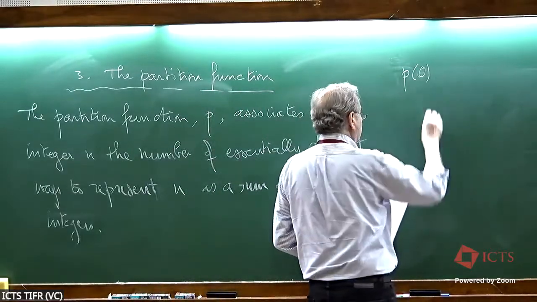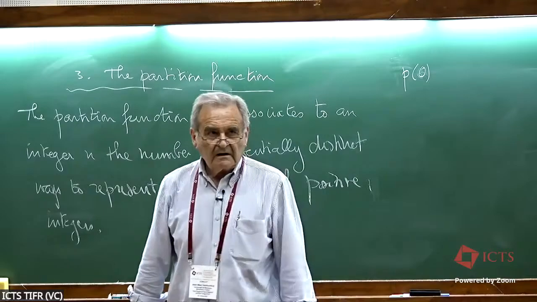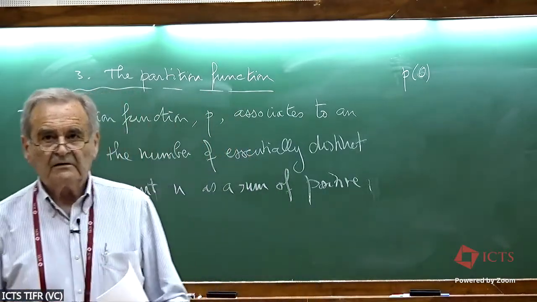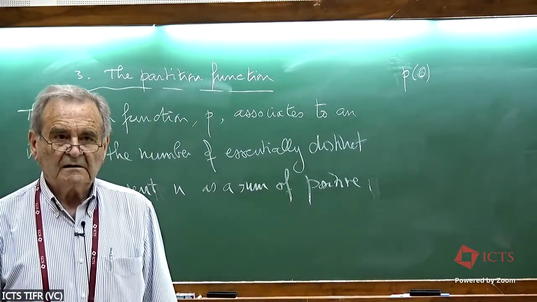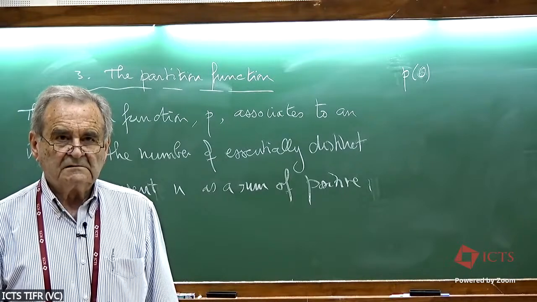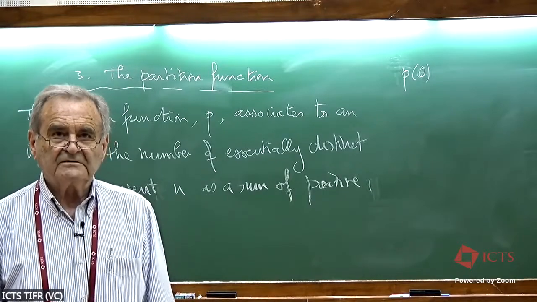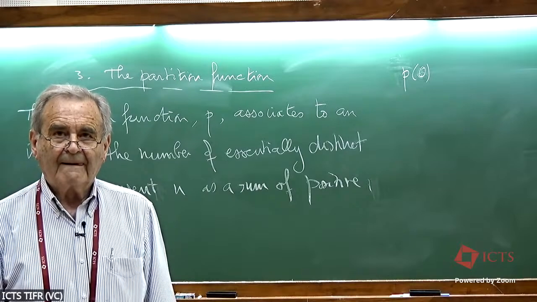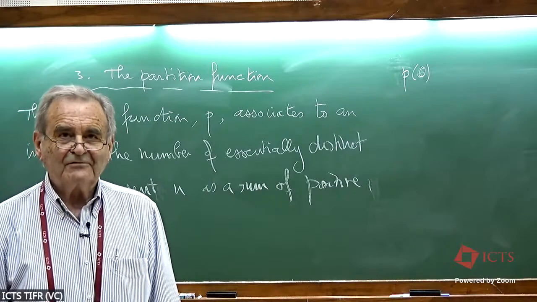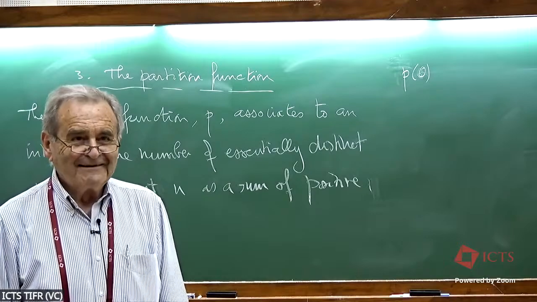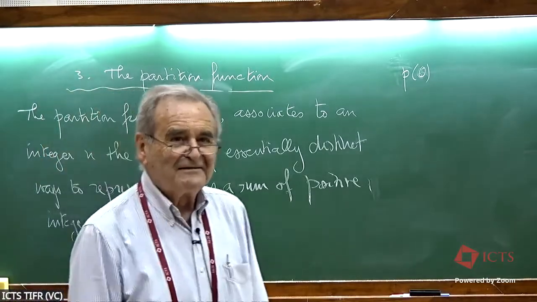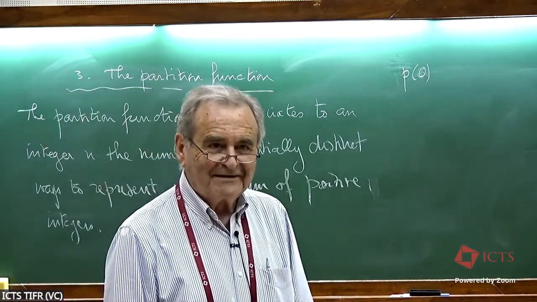What is p of 0? How many times can you represent 0 as a sum of positive integers? There are 2 answers. The natural one is to say, no, it's not possible.